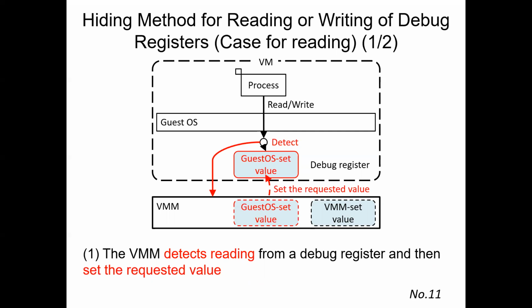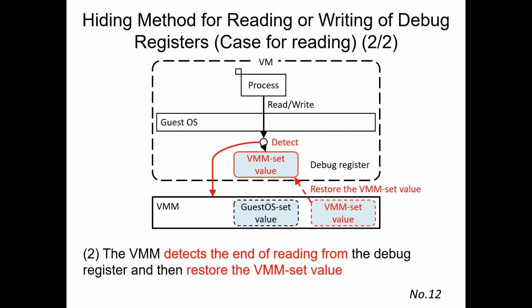When the process tries to read the value of a debug register, the VMM detects the reading from a debug register and then sets the requested value to the debug register. Here, the previously set VMM value is saved in a region managed by the VMM. After that, the VMM returns the processing to the VM to continue the processing of the VM.